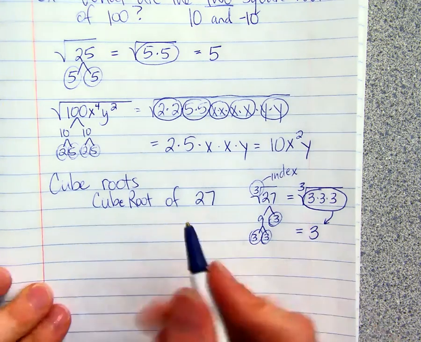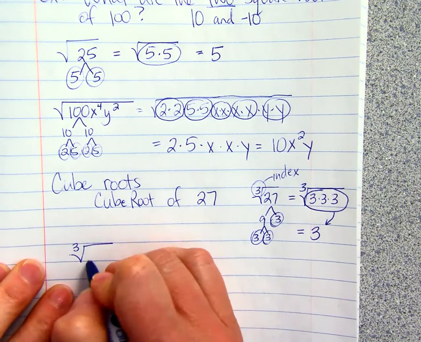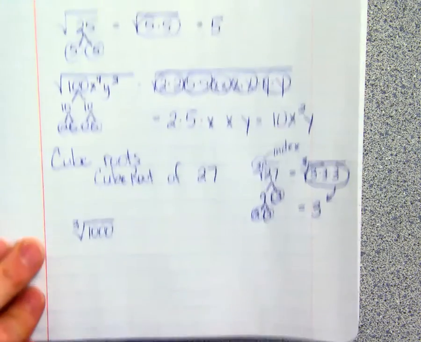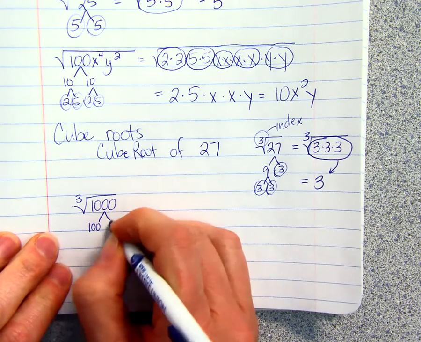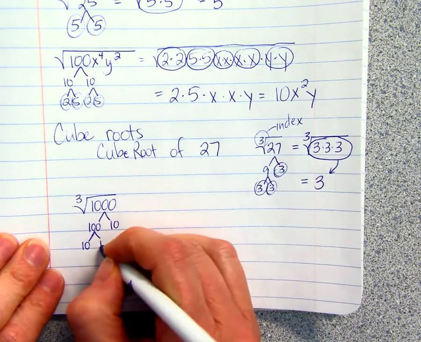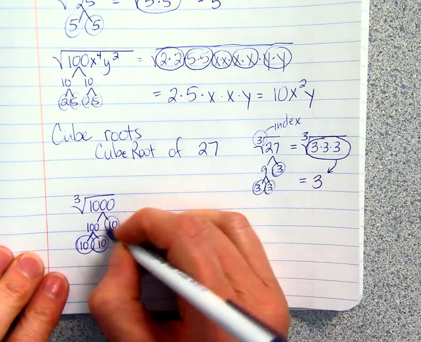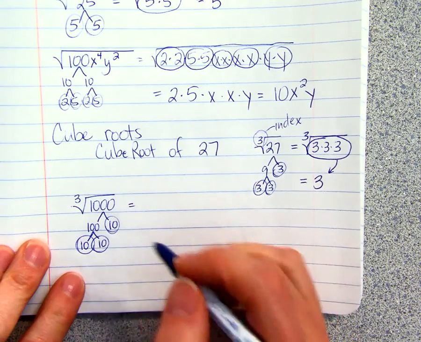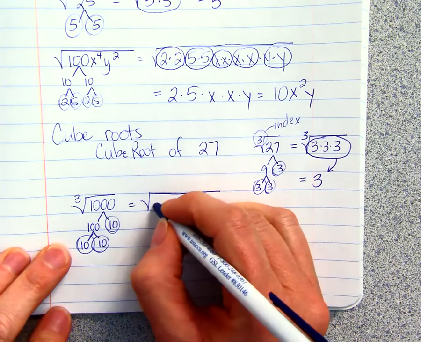I'm going to do one more example. The cubed root of 1,000. So we're trying to find a number that you have to multiply by itself 3 times to get 1,000. Well, 10, I shouldn't have circled those because each 10 has a 2 and a 5.